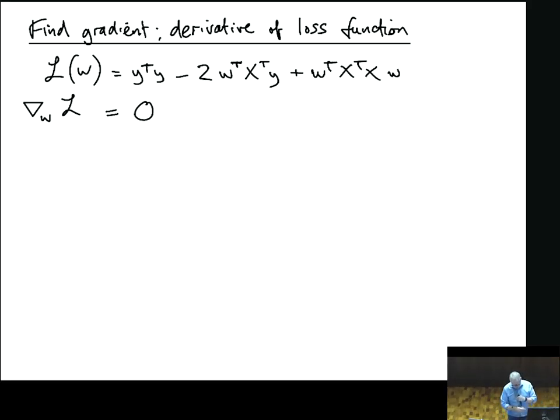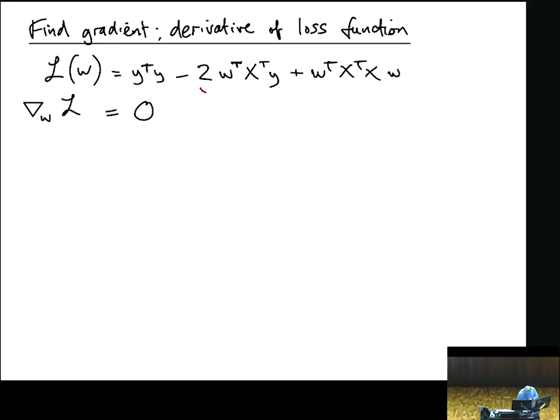So let's think about this a second. We've got W transpose X transpose Y. Now X transpose Y, when we're taking the derivative with respect to W, is effectively a constant. So let me write that in red, and I'll probably rub that out.